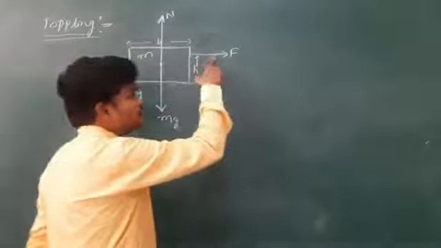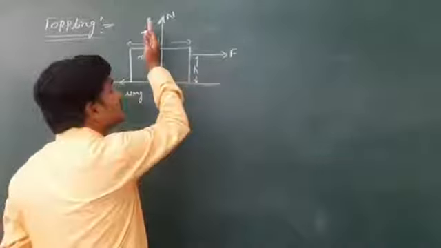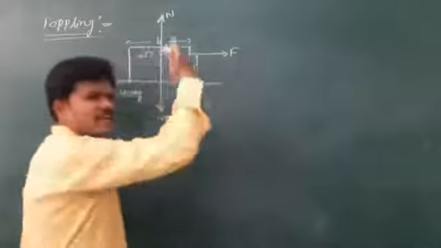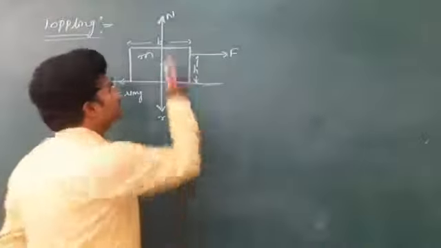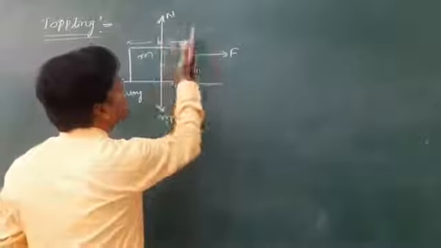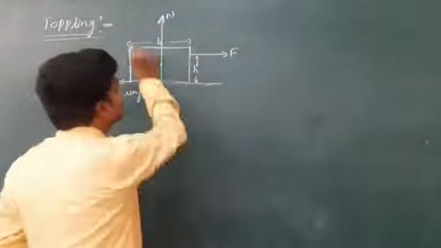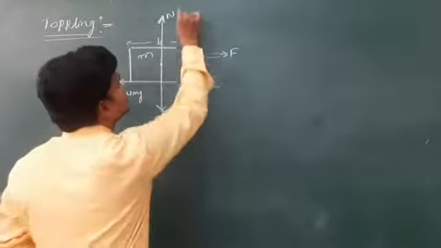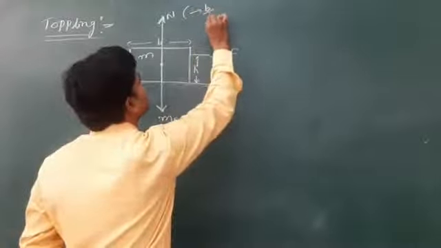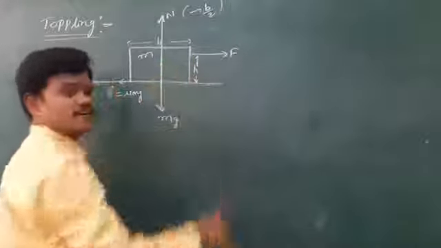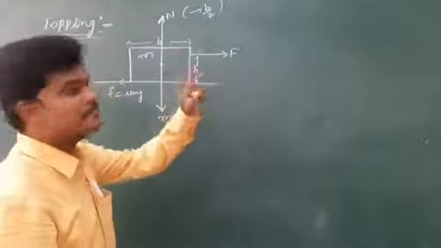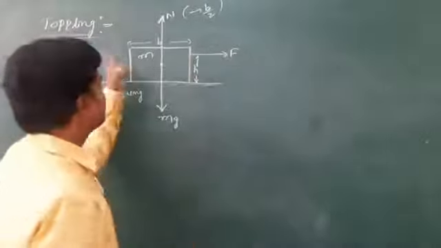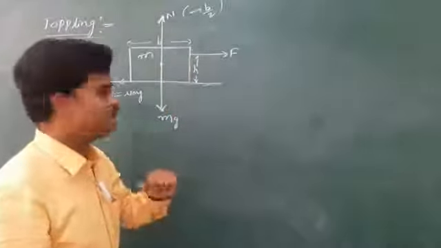But based on the application of this force, the normal reaction will shift. The maximum shift of the normal reaction is just half of this size. If this is B, the maximum shift in the normal reaction is B by 2. If it is X by 2, some value.